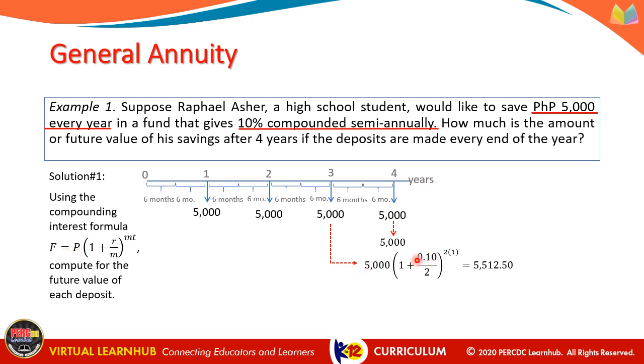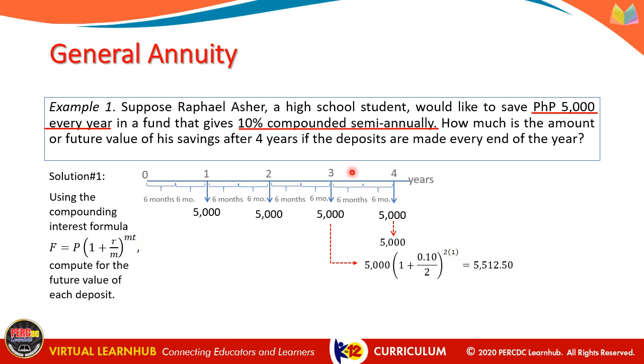We substituted 0.10 for the nominal rate R. We have here 10% compounded semi-annually. We substituted 2 for frequency of conversions M. For compounded semi-annually, M is equal to 2. And we substituted 1 for T.